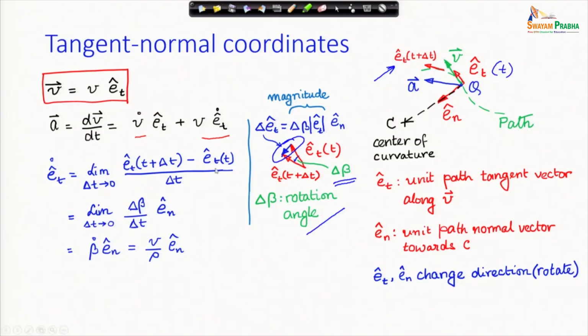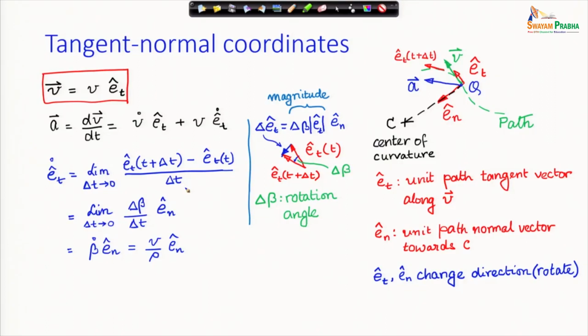Therefore, the numerator of this is nothing but delta beta times E_n cap and in the denominator sits delta t. Therefore, limit delta t tends to 0 of delta beta by delta t times E_n.